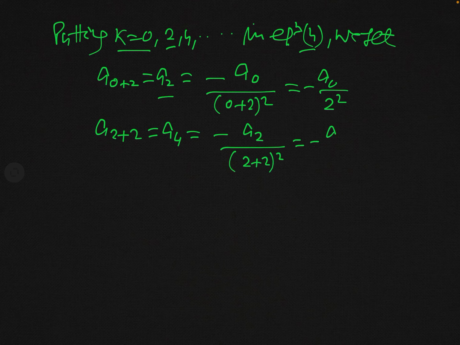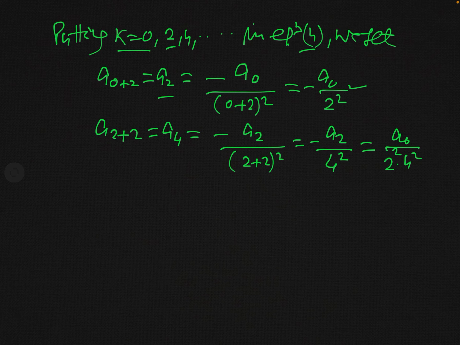So this is minus a2 over 4 square. But you have already obtained the value of a2, so if we put the value of a2 in this equation, this minus will become plus, and our result will be a0 over 2 square into 4 square.